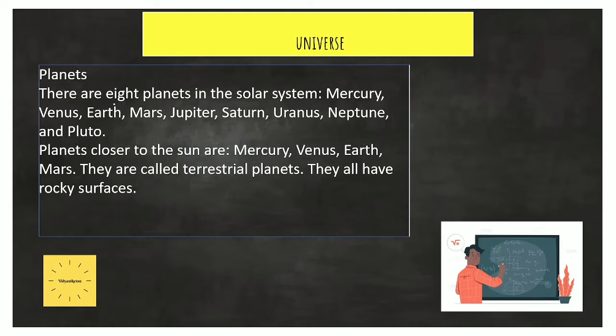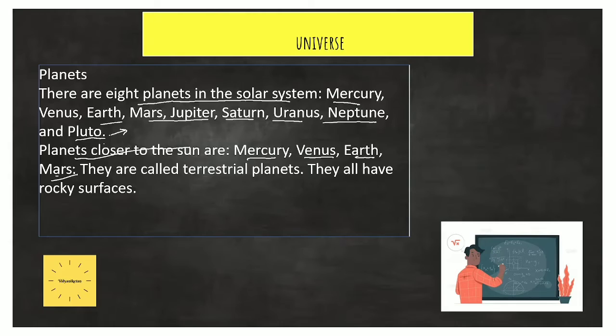Planets. There are a total of 8 planets in the solar system. The names are Mercury, Venus, Earth, Mars, Jupiter, Saturn, Uranus, Neptune, and Pluto. Pluto is now not considered a planet. Pluto is actually a dwarf planet. Planets closer to the sun are Mercury, Venus, Earth, and Mars.